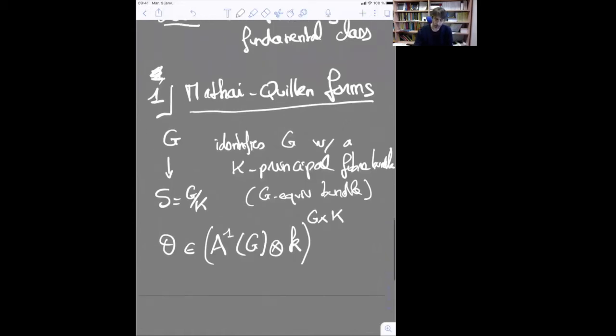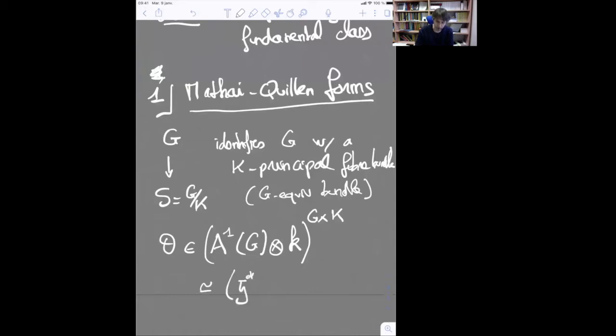Because it's an invariant form, you can move everything to the identity point, and so this is the same as a linear form on the Lie algebra of G tensor the Lie algebra of K, and it's a K invariant linear form.